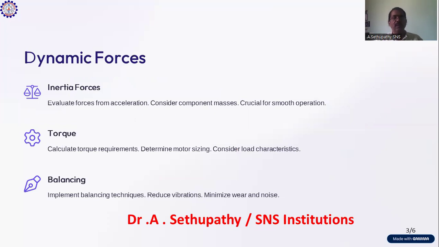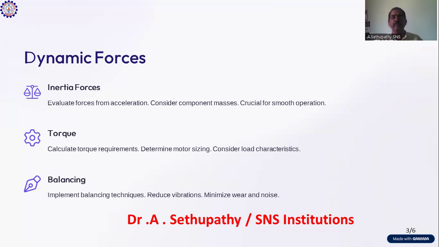So what are the forces acting in the slider crank mechanism? These are called dynamic forces. The first one is inertia forces: evaluate forces from acceleration, consider component masses, which is crucial for smooth operation.